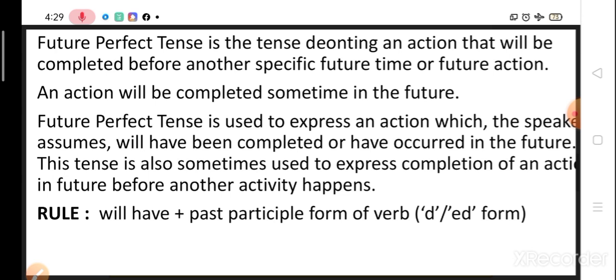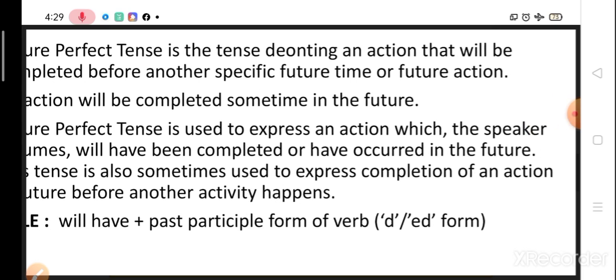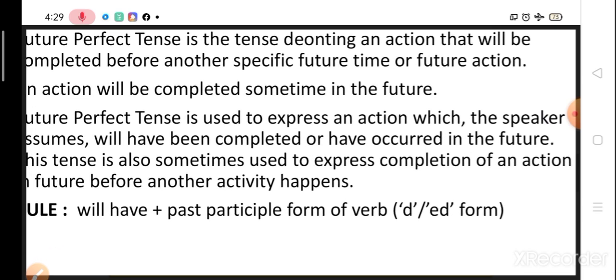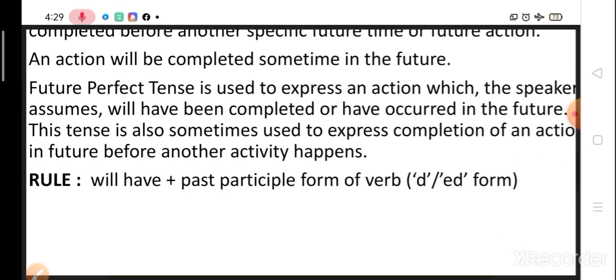Future perfect tense is used to express an action which the speaker assumes will have been completed or have occurred in the future. This tense is also sometimes used to express completion of an action in future before another activity happens.